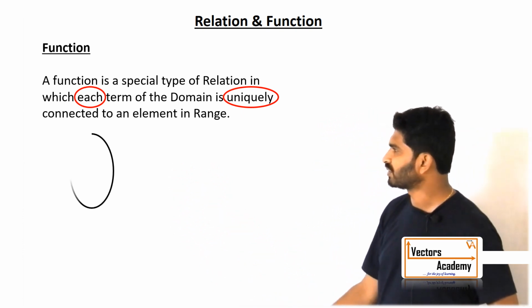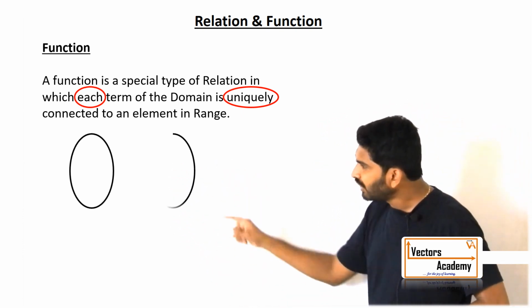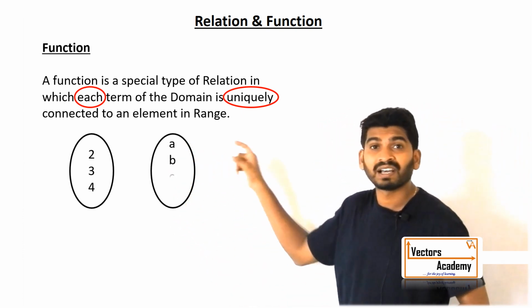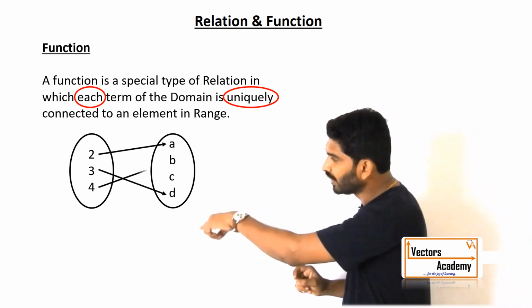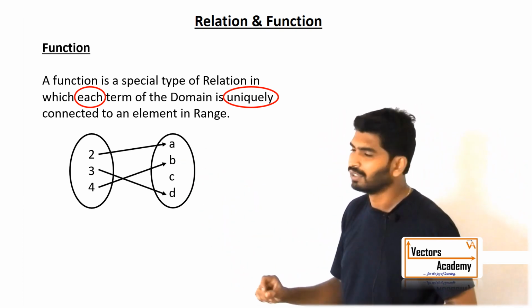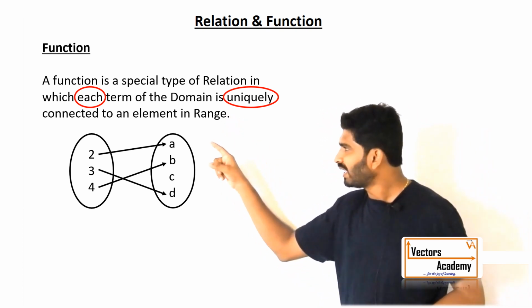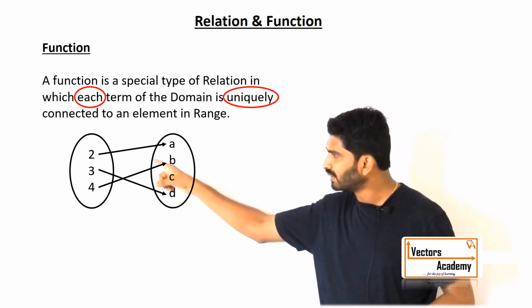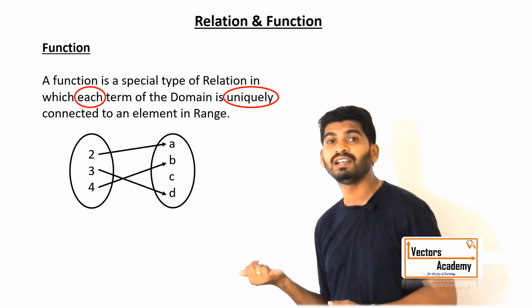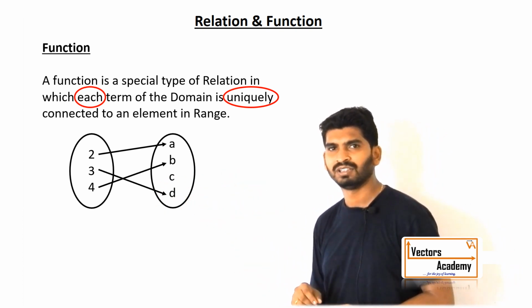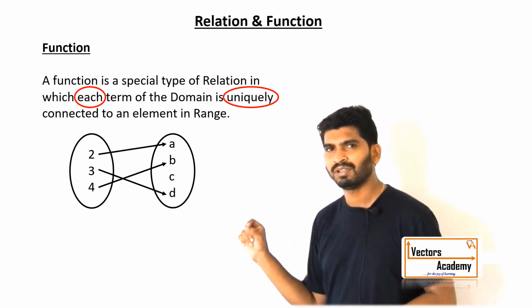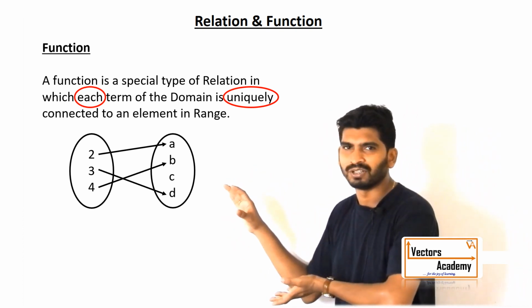We'll look at an example of a function. You can see all the elements in the domain are connected. None of the elements is left in the domain. That is what is meant by each element being connected. Whereas, all the elements are connected uniquely to the elements in the range. That is the unique connection. So, this is an example of a function.